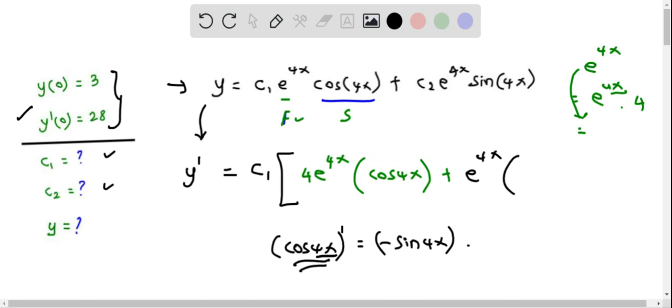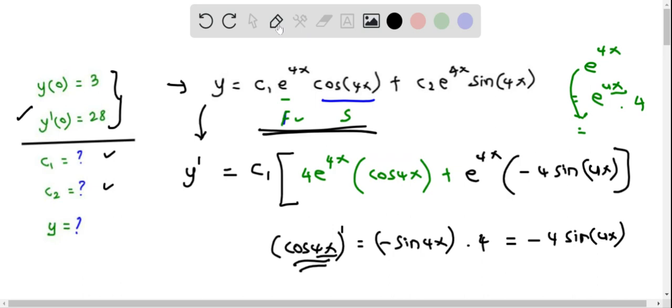When we apply the chain rule, we find the derivative of 4x, which is 4. So this is basically negative 4 sine 4x. So I'm going to put negative 4 sine 4x. So we are done with the derivative of the first term.